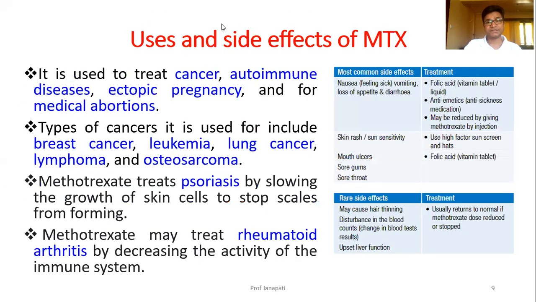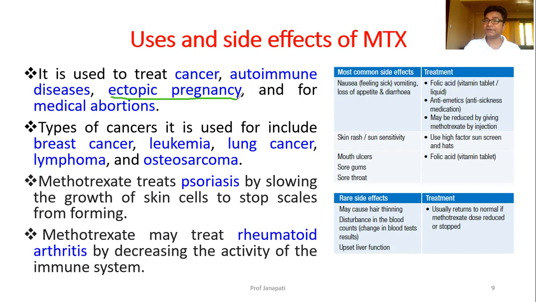Next, you can see their uses. As we learned, it is a very good drug, especially in cancer and leukemias. Apart from that, it's also used in autoimmune diseases, psoriasis, rheumatoid arthritis, but we have to use it carefully. It is also a very good drug for ectopic pregnancy.